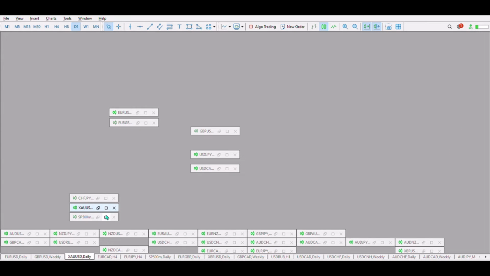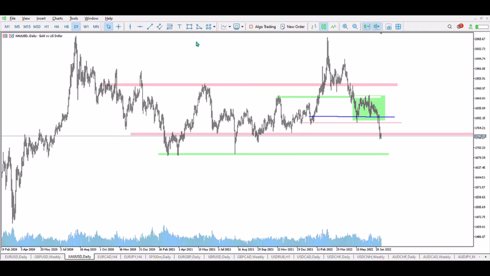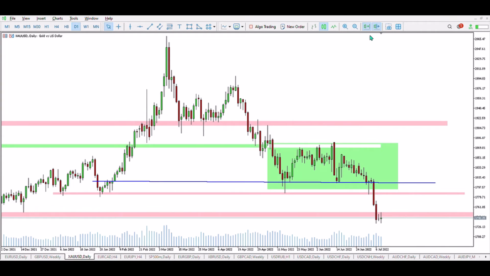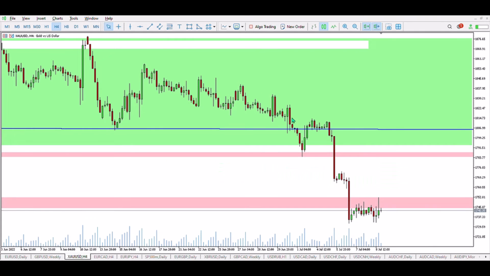On gold I didn't take any positions, but on gold we have had a nice breakout, and this could be taken as a trade to the downside. Even after this daily candle we could still manage to get some pips to the downside, because there is a support area.